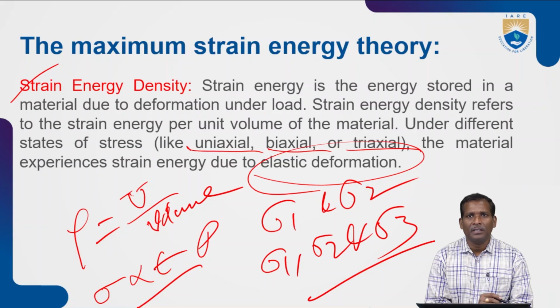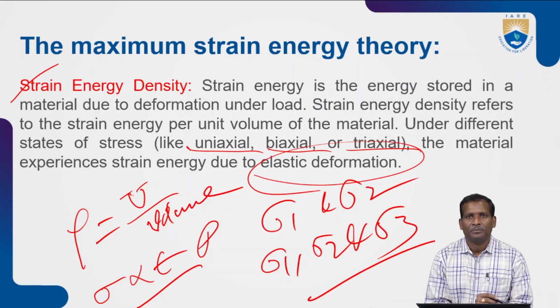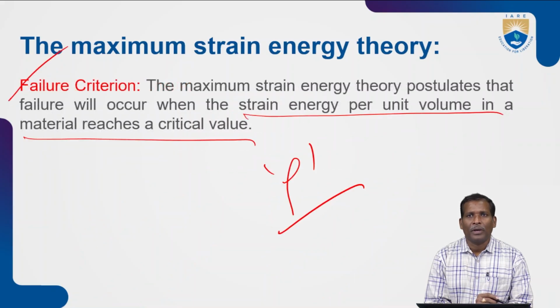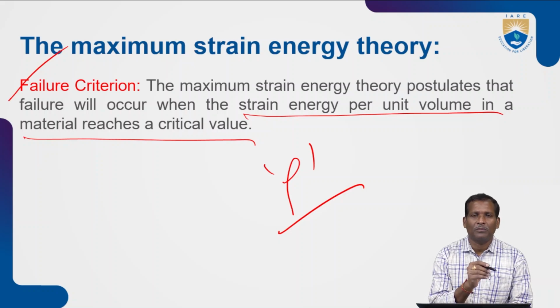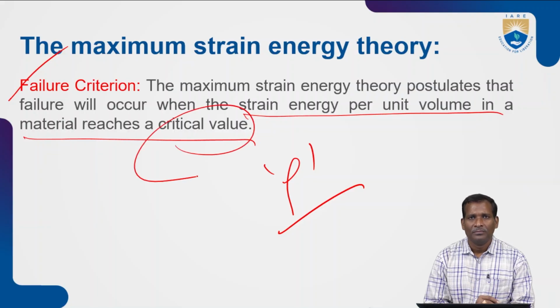The strain energy density refers to the strain energy per unit volume of the material. So failure will occur whenever the strain energy per unit volume in a material reaches a critical value. Then the component will fail.